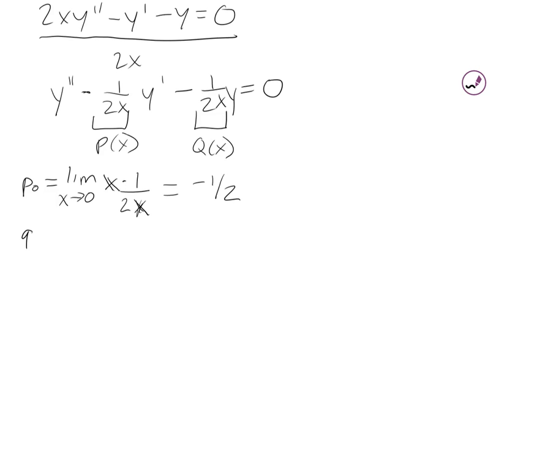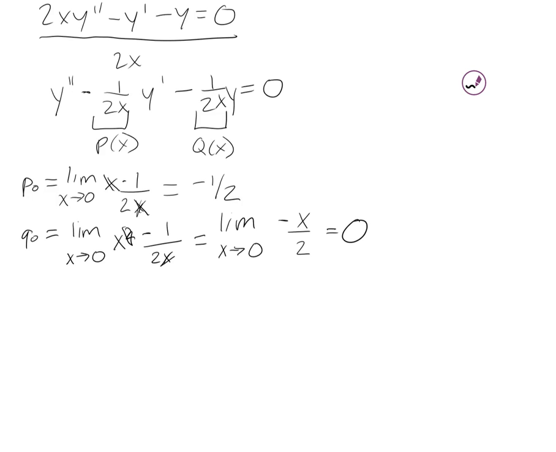For q naught, you get the limit as x goes to 0 of x squared times q, so times negative 1 over 2x. The square cancels out with this x, so you're left with the limit as x goes to 0 of negative x over 2, which is just 0.